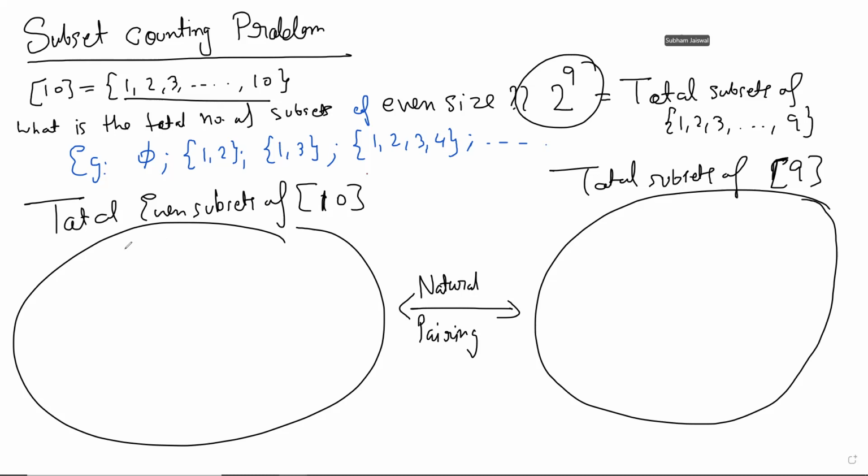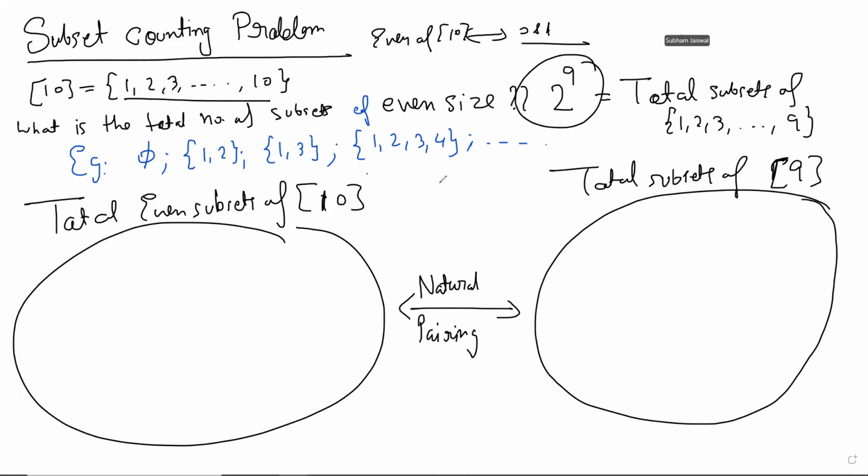What kind of rule did we have? We had a natural pairing which takes an even subset of 1 to 10 and pairs with it an odd subset of 1 to 10, right? This pairing we naturally had, and that helped us to show that the size of both is 2 to the power 9.